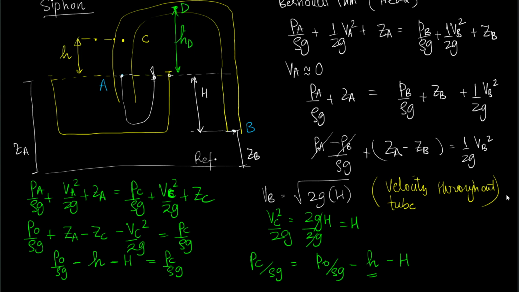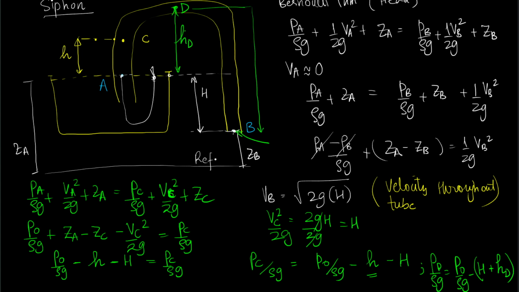Let me call this h_D. Therefore, with this convention, we can write P_D upon rho g is equal to P naught upon rho g minus (H plus h_D), which is essentially the difference in height between the discharge point and the highest point.